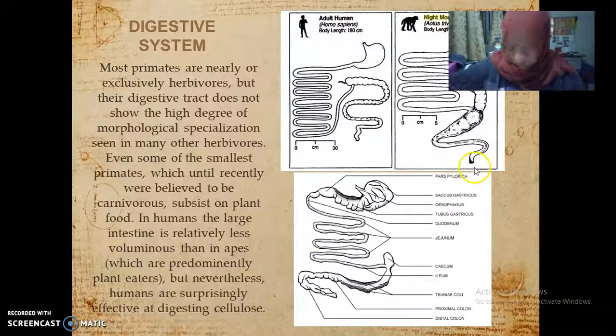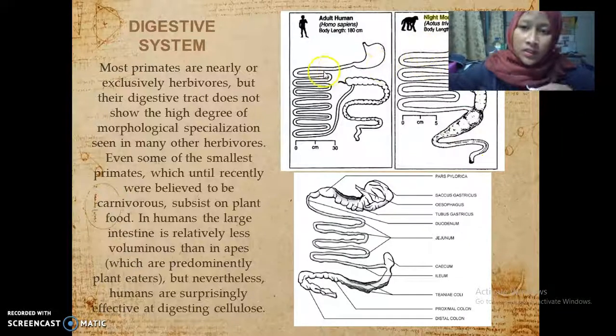In the case of the monkey and the human, we see that the ileum in humans is quite longer and smaller compared to the monkey, which is quite shorter and larger in the ileum. The rest of the structure, which is the duodenum, jejunum, cecum and more, is similar in all mammals.